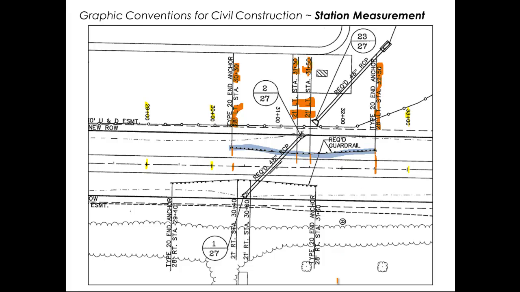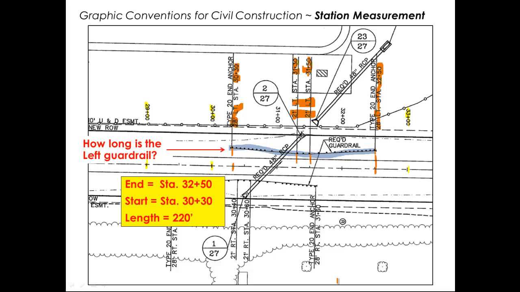Suppose you're the estimator and you want to understand how long this section of guardrail is. That's real simple. Take the starting station, 30 plus 30, and subtract it from the ending station, 32 plus 50. That tells us this particular piece of guardrail is 220 feet long.